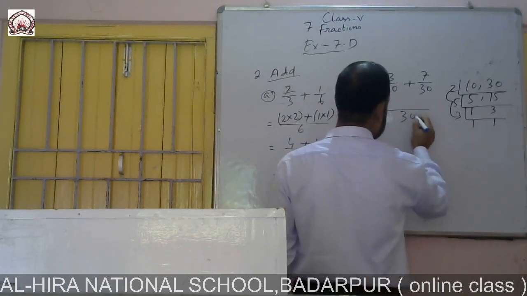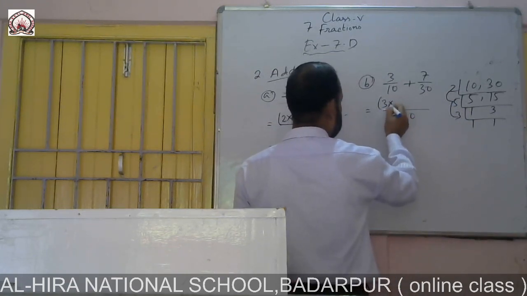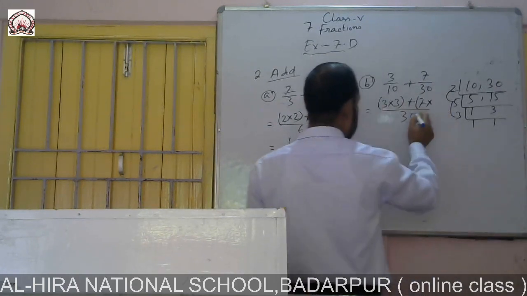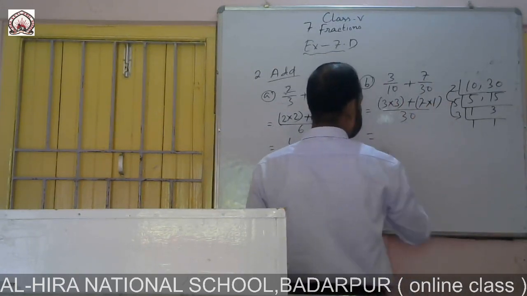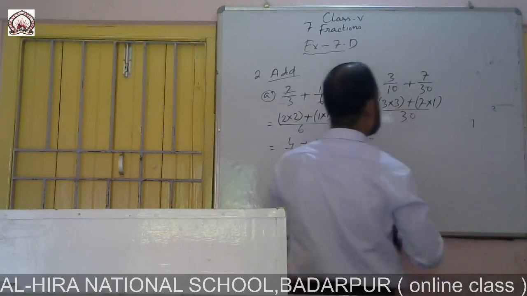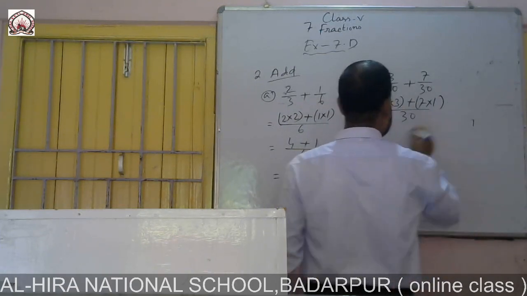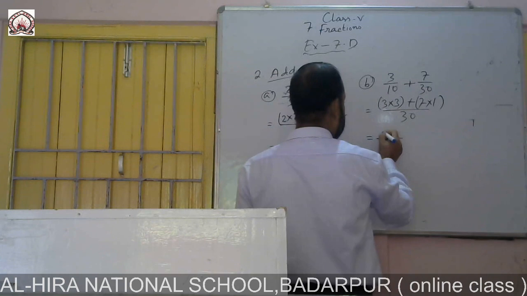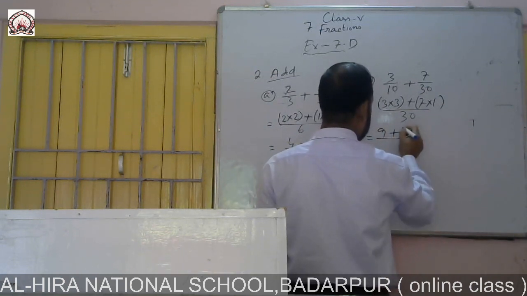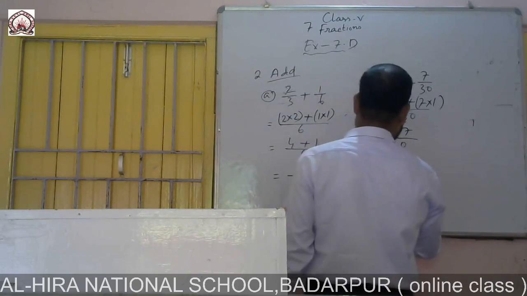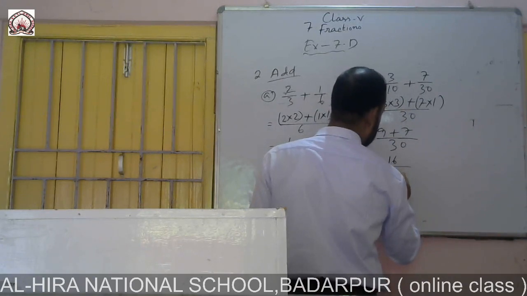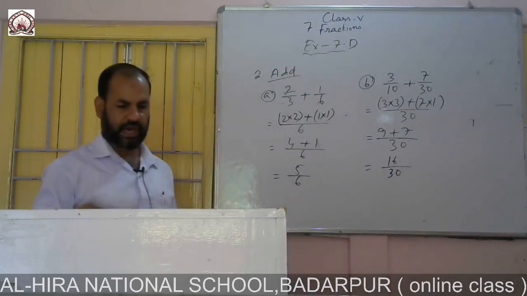LCM is 30. So here 3 10s, 10 3s are 30, plus here 7 into 1, 1 is 30. Now 3 threes are 9 plus 7 ones are 7 by 30, and 9 plus 7 is 16 by 30. 16 by 30.